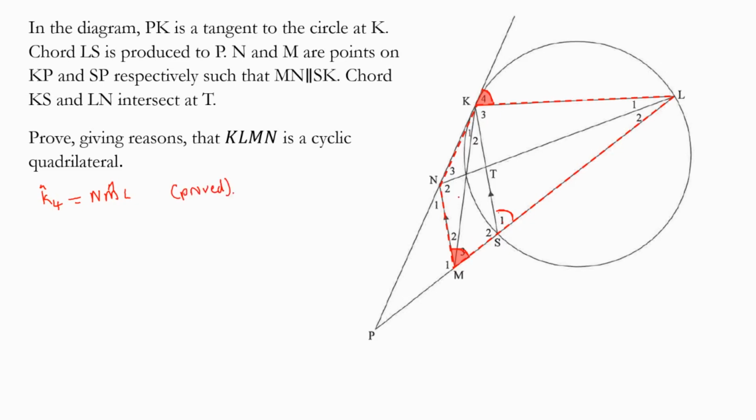We can then conclude and say this is a cyclic quad because the exterior angle here, K4, is equal to the opposite interior angle.